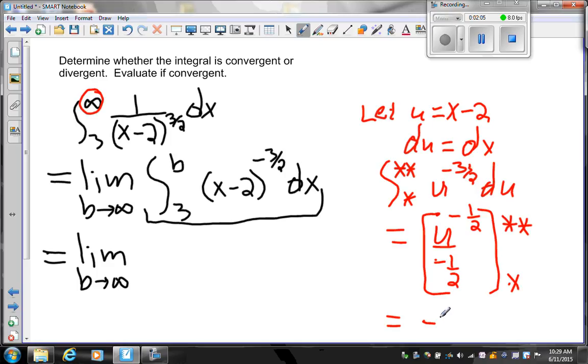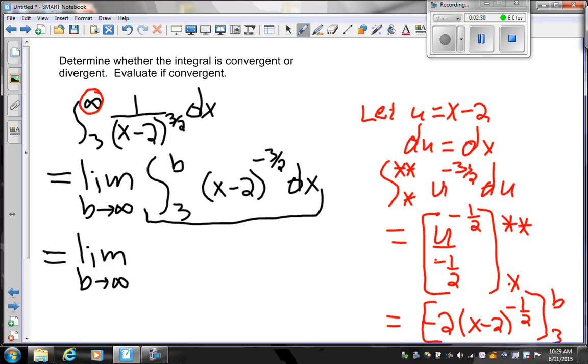Multiplying by the reciprocal, we have negative 2 u to the negative 1 half. Well, let's go ahead and put in what u is. We'll back substitute. So u is equal to x minus 2, to the negative 1 half. And now we're evaluating this from 3 to b.